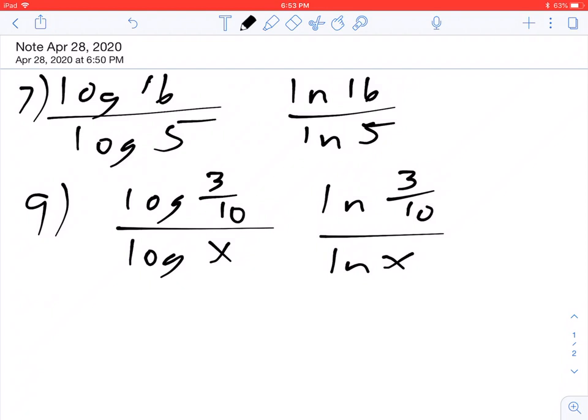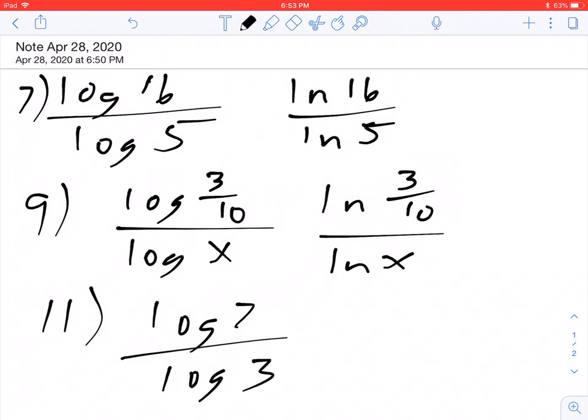On your calculator, all you would do for number 11 is log of 7 divided by log of 3.